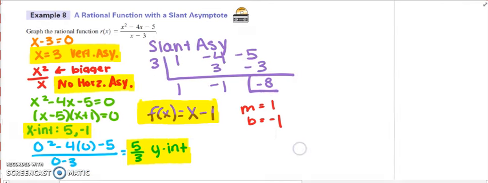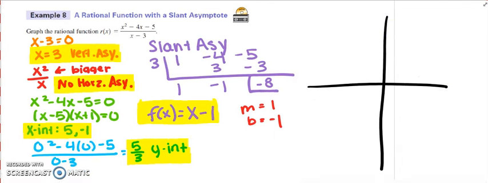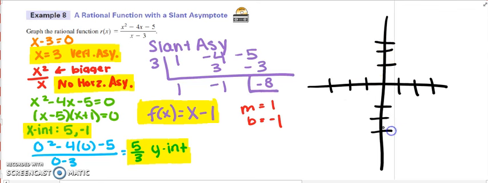The slant asymptote does. So I'm going to do my graph, and I'm going to start by graphing the slant asymptote. And so the slant asymptote has an intercept of negative 1, and then it goes up 1 over 1. And that's what the slant asymptote looks like. I'm going to graph my other, so my vertical asymptote is at x equals 3.